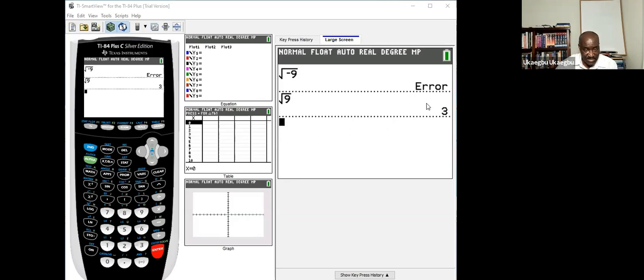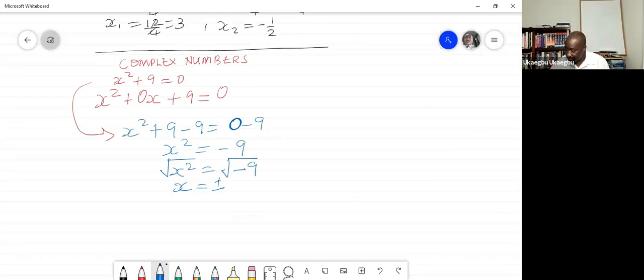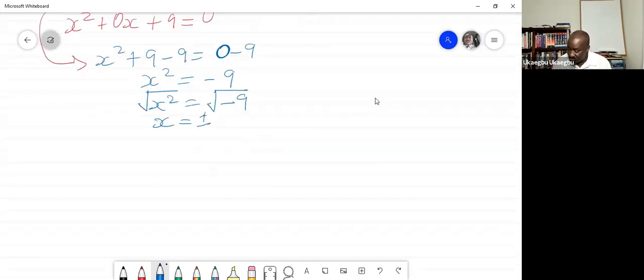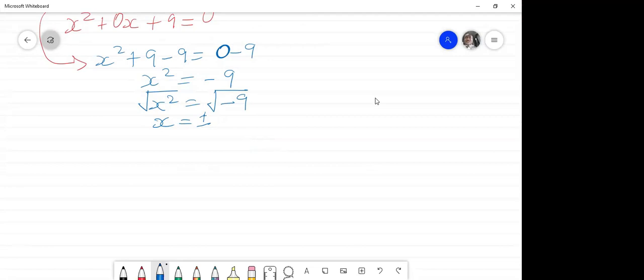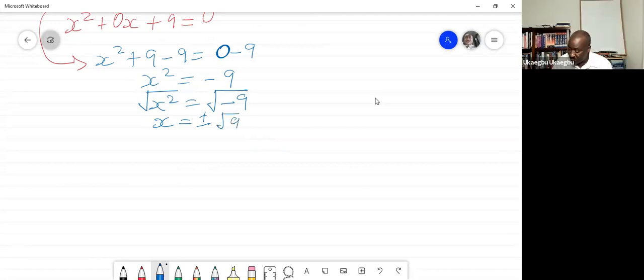All right. So now here's how to deal with negative numbers. Let me get back to the screen where we were. In this particular case, if we just do square root of negative 9, it's going to give us an error. So here's what you do. You can expand this to say square root of 9 multiplied by square root of negative 1.